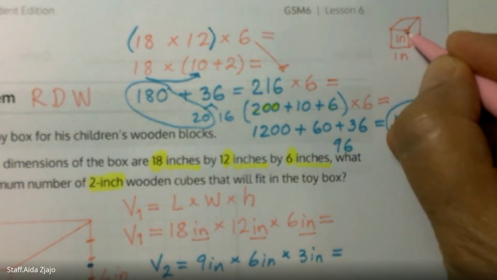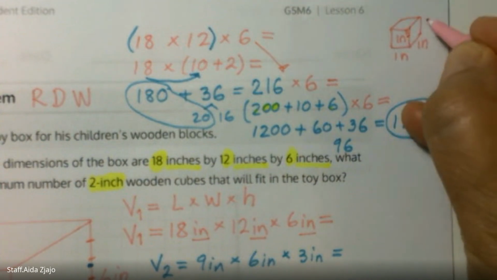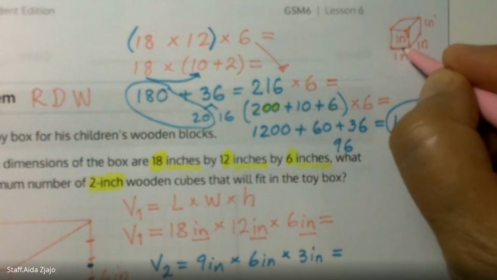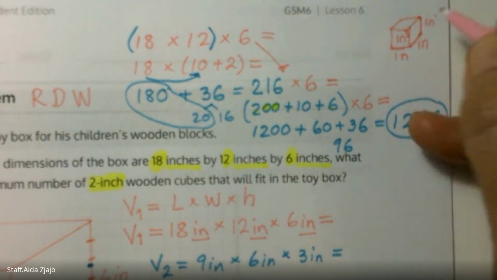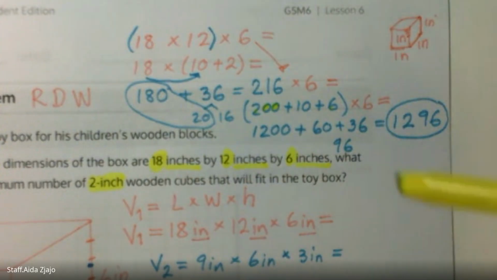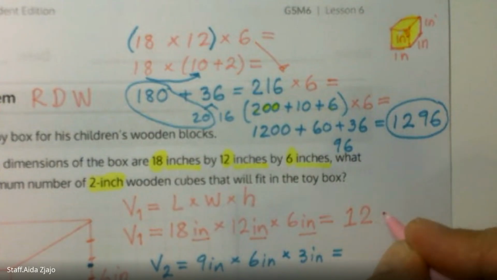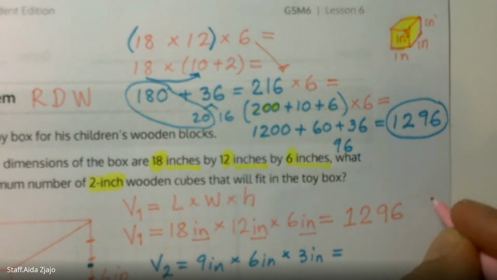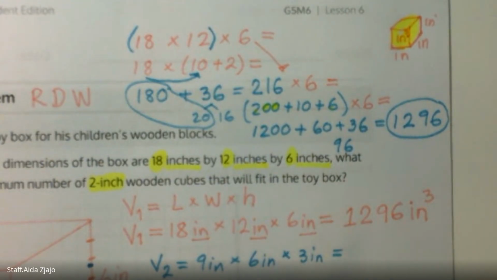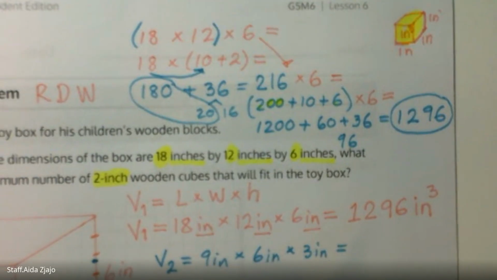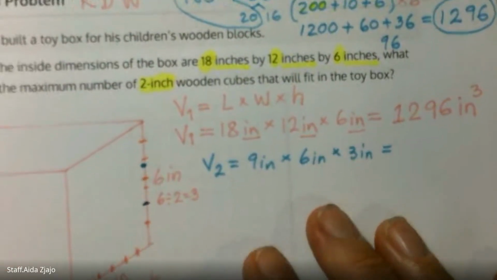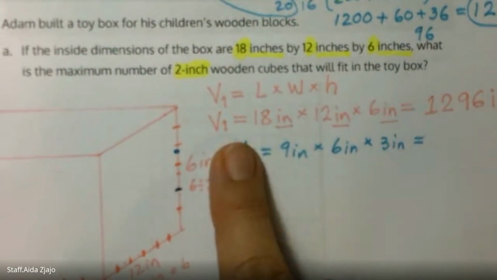Inch to the power of 3 is cubic inch. So this is equal to 1,296 cubic inches.